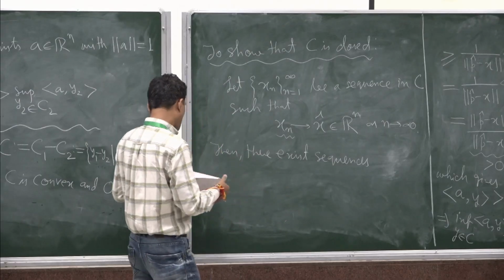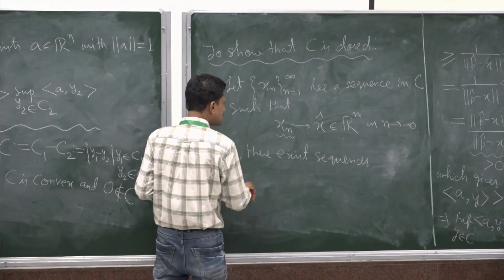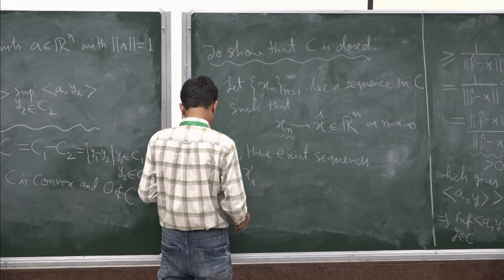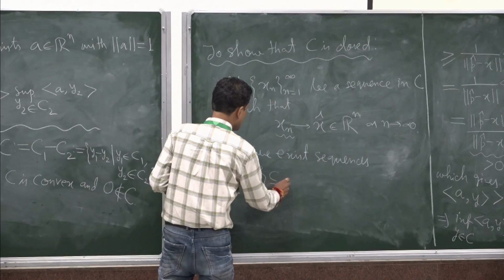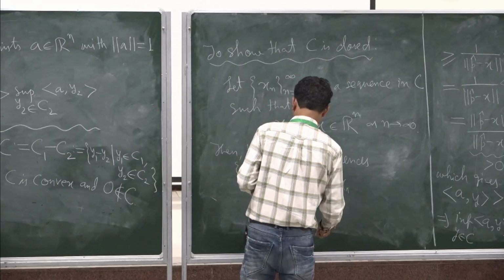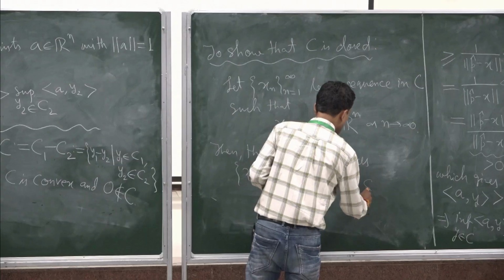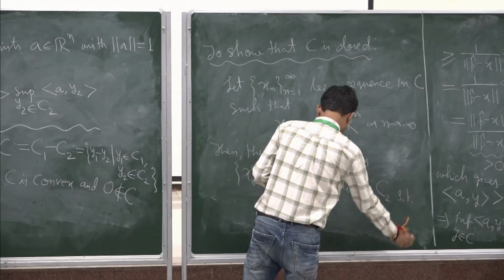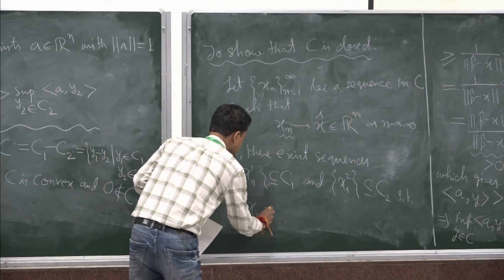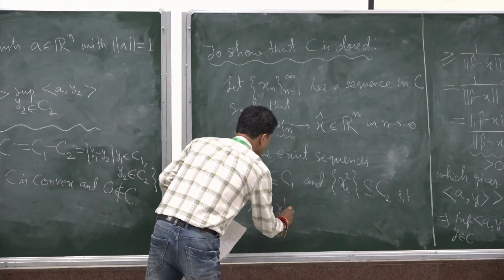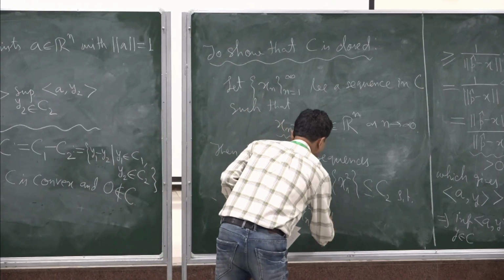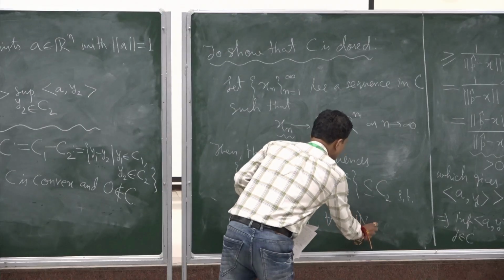So we can write that there exist sequences xn1, which is in C1, and xn2, which is in C2, such that xn is equal to xn1 minus xn2 for every n in N, right?